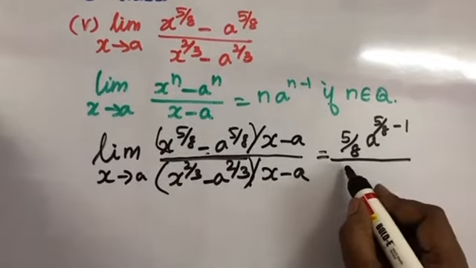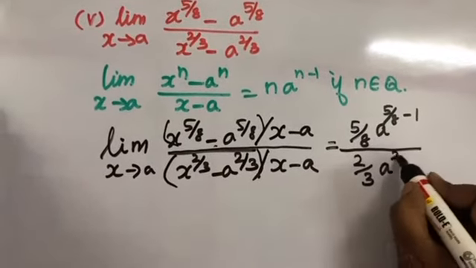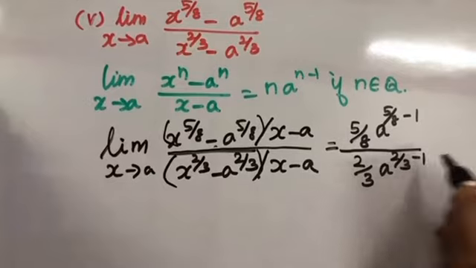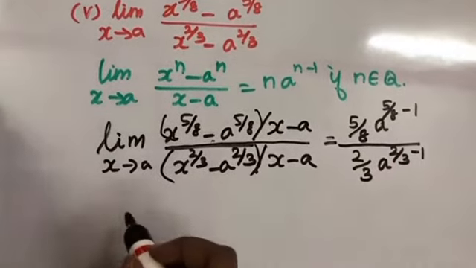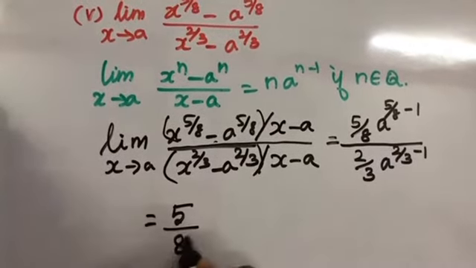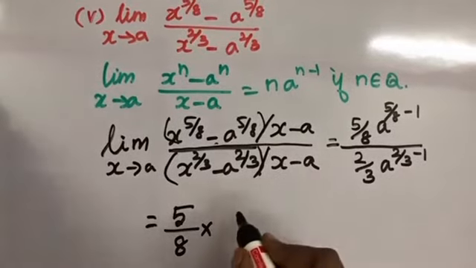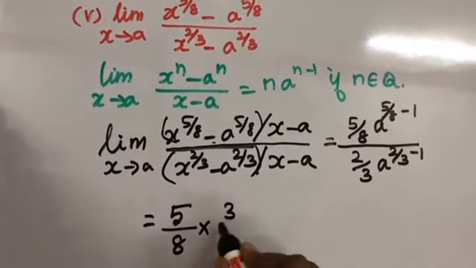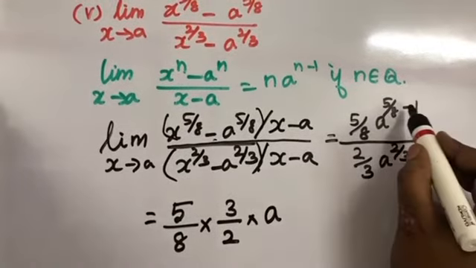So the denominator will become 2/3 into a power 2/3 minus 1. Now we can simplify. That is 5/8, and since in the denominator we have 2/3, we multiply with the reciprocal, 3/2, into a power 5/8 minus 1.